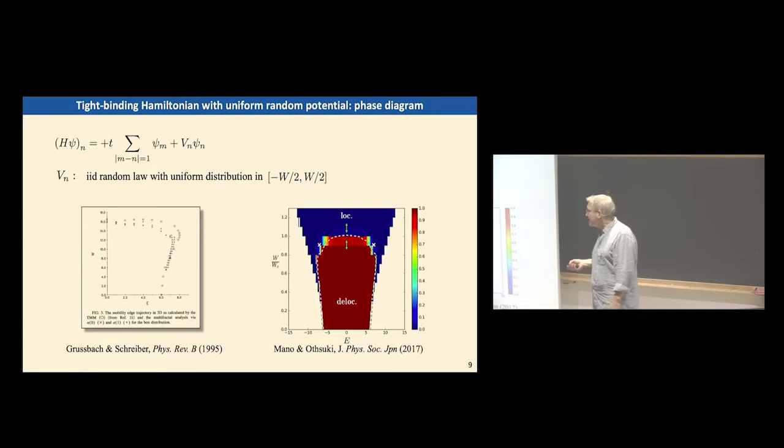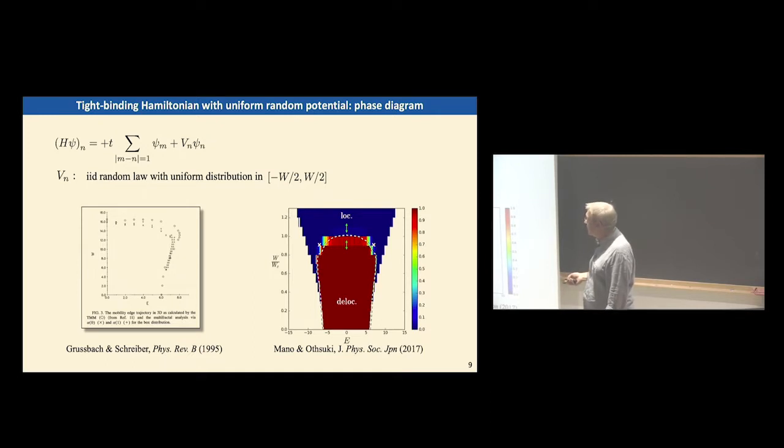And the type of diagram that you have in 3D, for example, on a cubic lattice, is that you plot the disorder strength W here. In fact, it's W over T, you assume that T equals 1. And on the horizontal axis, you have the energy. For every given strength of the disorder, you look at what is localized or delocalized in the eigenfunctions.